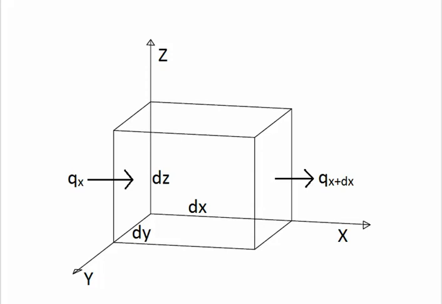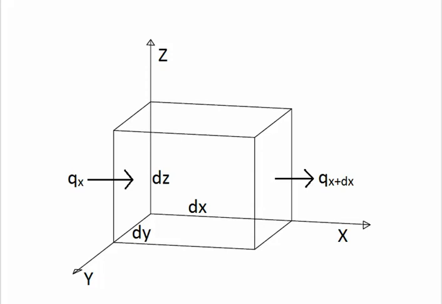From the x direction, from the left side, heat qx enters the cube and it is rejected or transferred outside from the right hand side, which says that the complete q, or the heat, plus the change of heat, either the heat gets reduced or the heat may be increased.